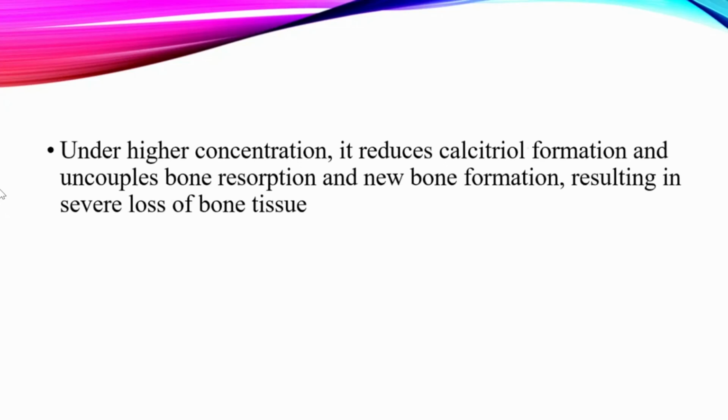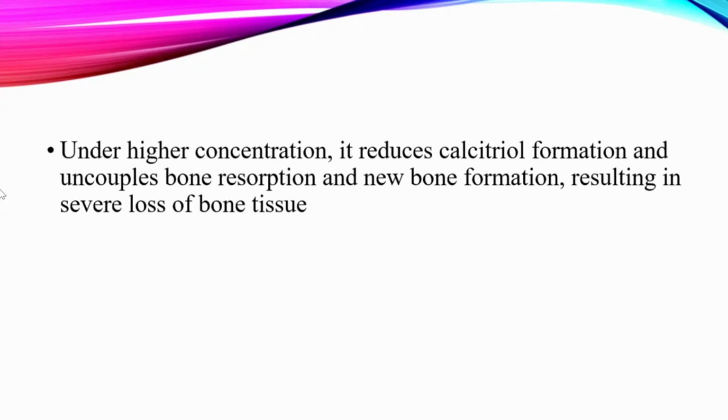Under higher concentrations, it reduces calcitriol formation, causes uncoupled bone resorption and new bone formation, resulting in severe loss of bone tissue. Under normal physiological concentrations, it is involved in the development of the mammary gland, skin and pancreas. But if it is present in higher concentrations, it reduces calcitriol formation.